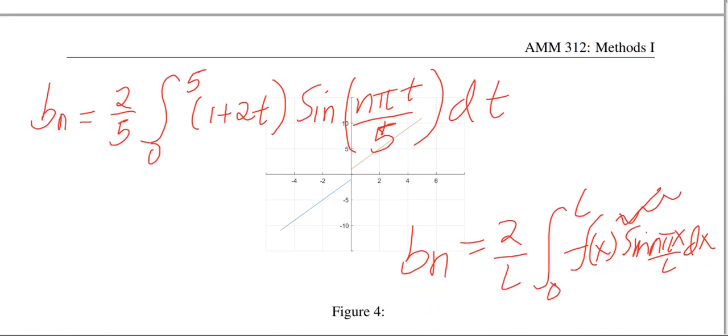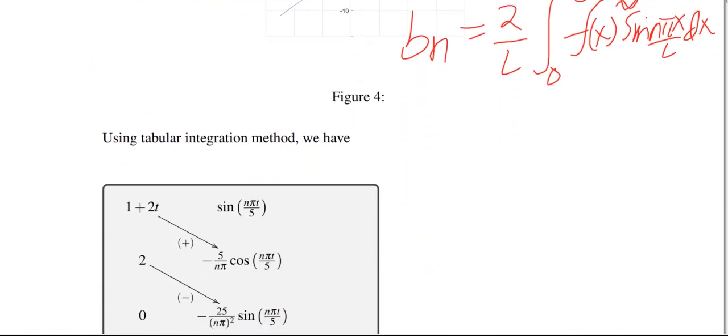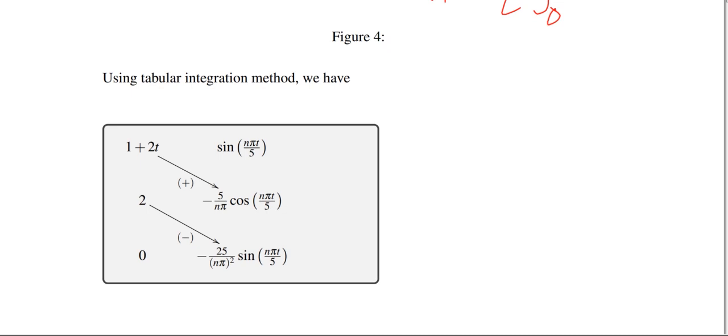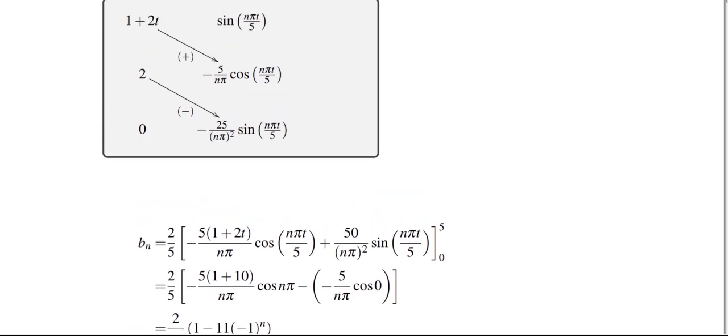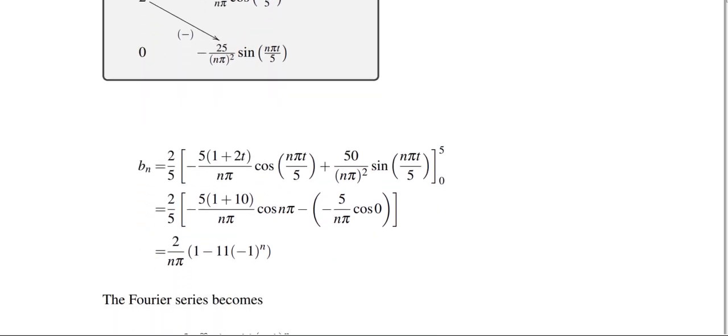So with this one, we can now use tabular integration as we have previously done. We differentiate 1 plus 2t to get 2, then we differentiate again, we get 0. Then for the other function, we integrate twice, and then we multiply out along these diagonals like shown in that diagram. And once we do that and simplify, the value of Bn is obtained.